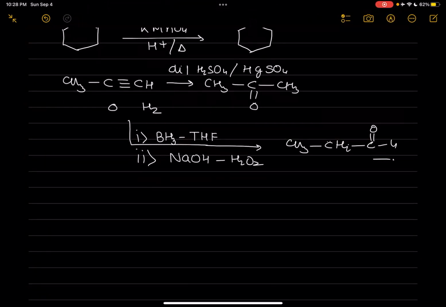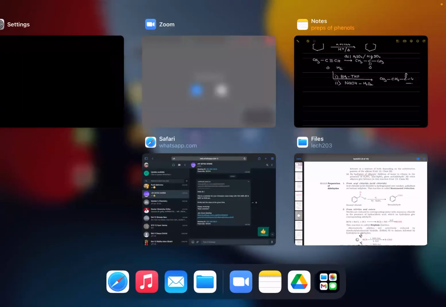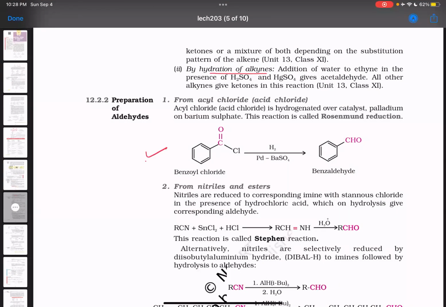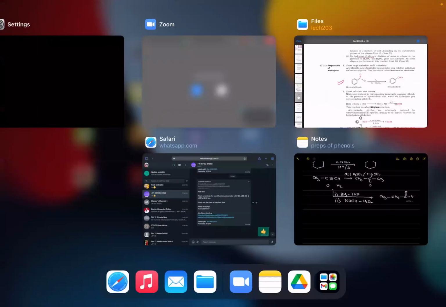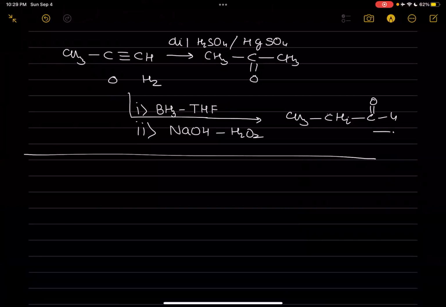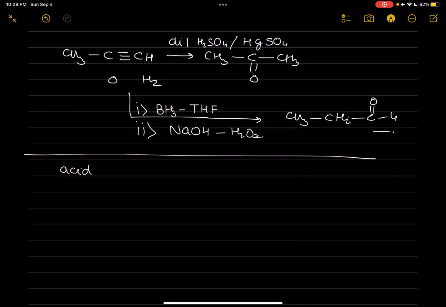So this is from alkynes, and now by partial reduction of acid chloride. If you take acid chloride, or the complete name, carboxylic acid chloride, such as CH3COCl, or PhCOCl, which is benzoyl chloride, and you do the addition, it is complete reduction and you get alcohol.